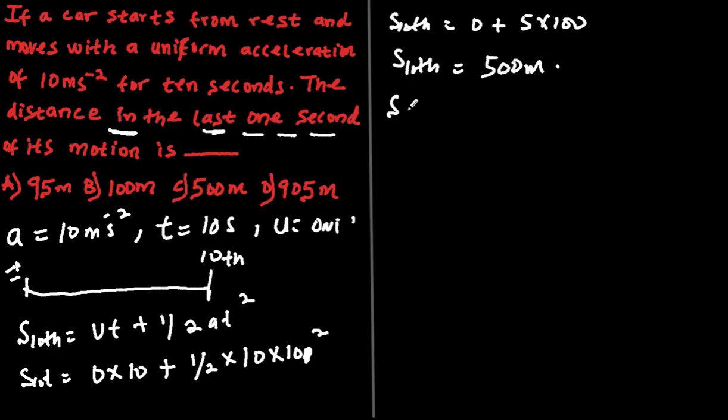Now distance in the 9th second is going to equal ut, so 0 times 9 plus half times 10 times 9 squared. So 0 plus half of 10 is 5, 9 squared is 81.